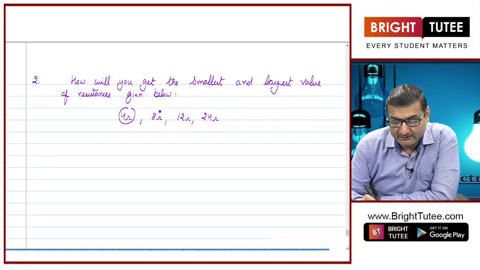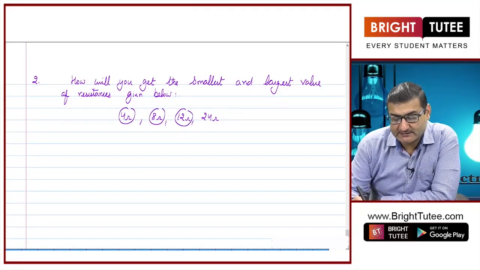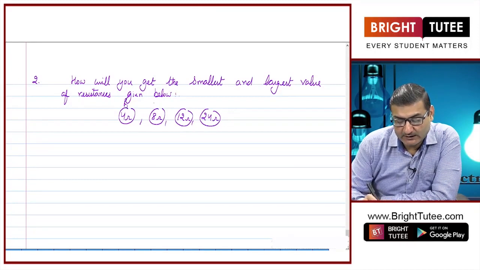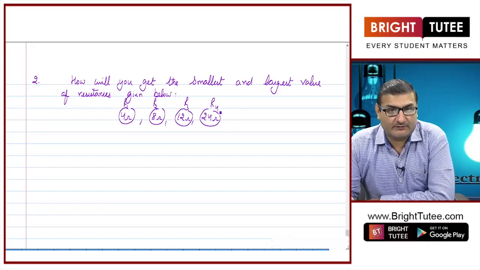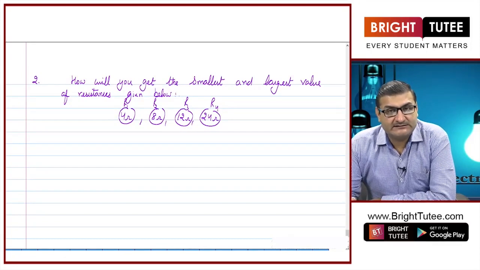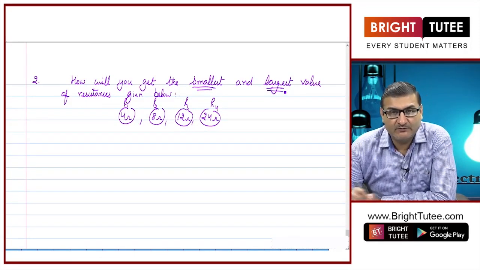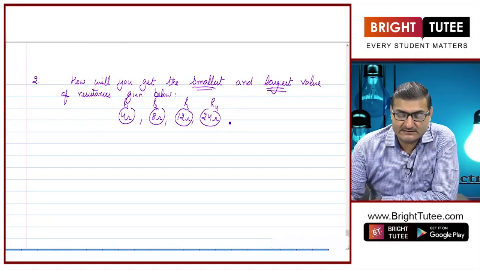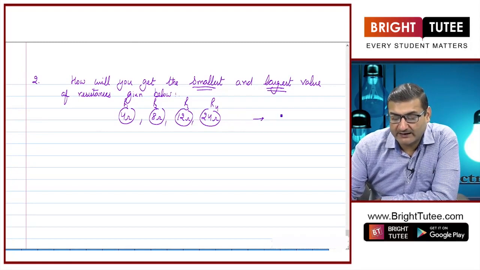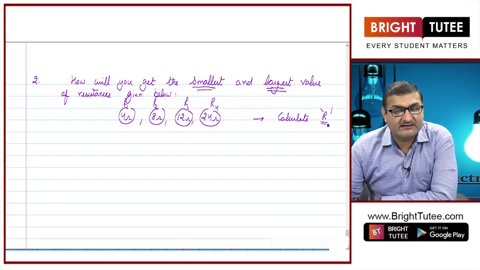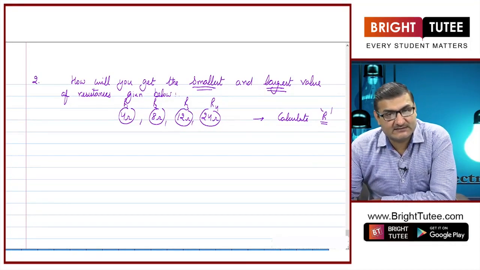We are given 4 resistances. Let it be R1, this is R2, this is R3, this is R4. We are just asked that how we will get the smallest value and the largest value out of these 4 resistances and also calculate the resistance in each case, that is the smallest value and largest value.